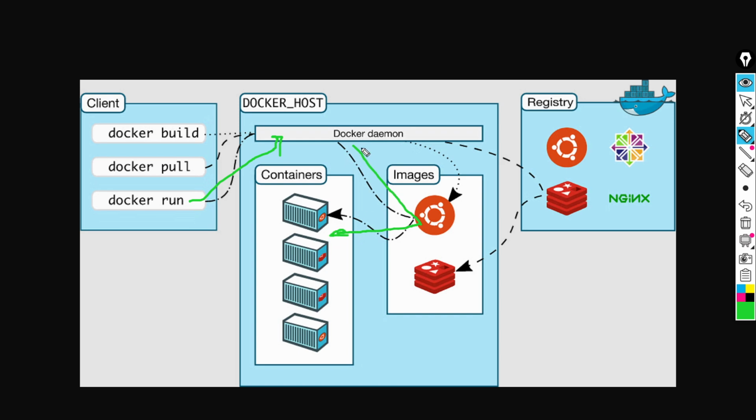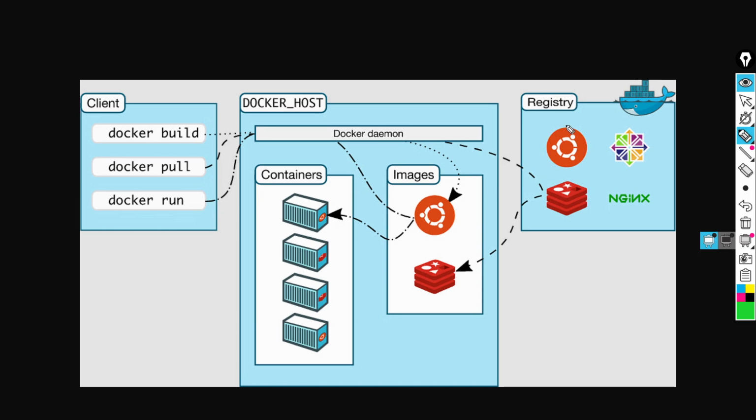If it is not available, it will go and fetch the image, and from there it will create a Docker container. This is how you need to understand things. The lines here also represent something different: a dotted line and a dot with line.